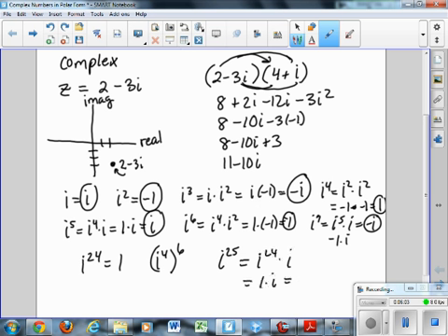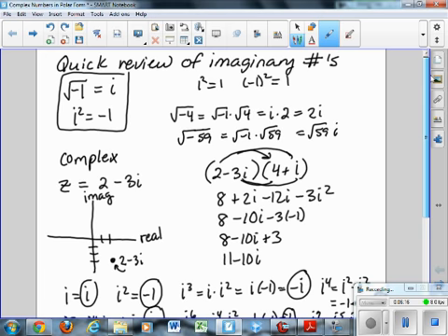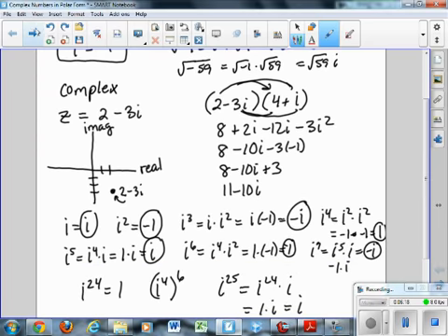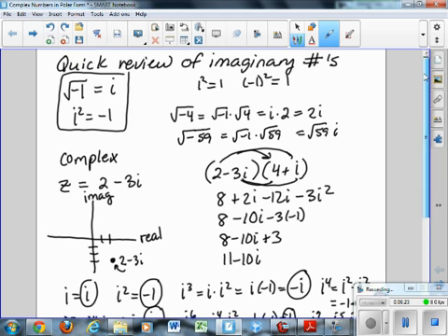So that's how you work with powers of i. There's also some other things, dividing and raising to a power and so forth, but we'll just leave that for later. Now, looking at the worksheet, that's just my quick review of imaginary numbers. So we'll save imaginary numbers in polar form for another little video.